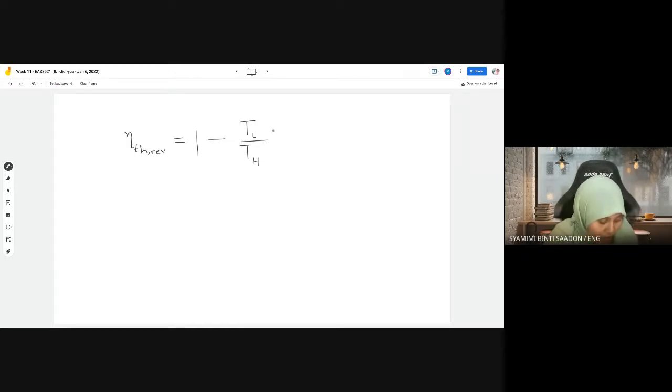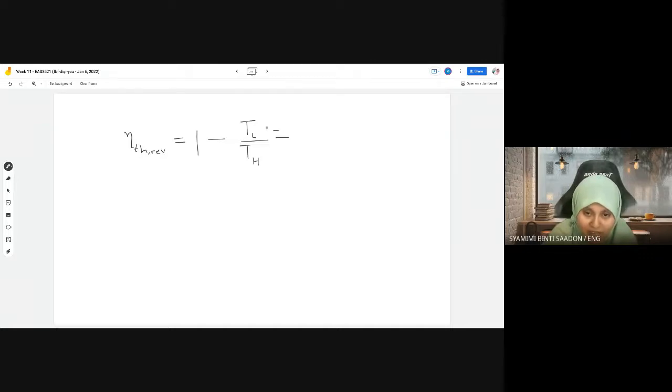Since it is a ratio, we can leave it in degrees Celsius.